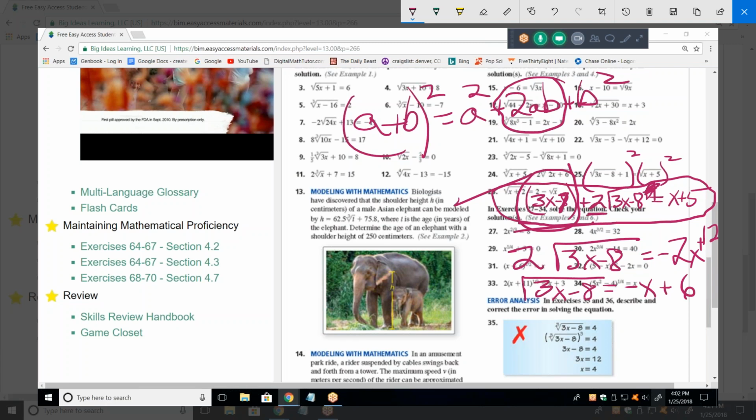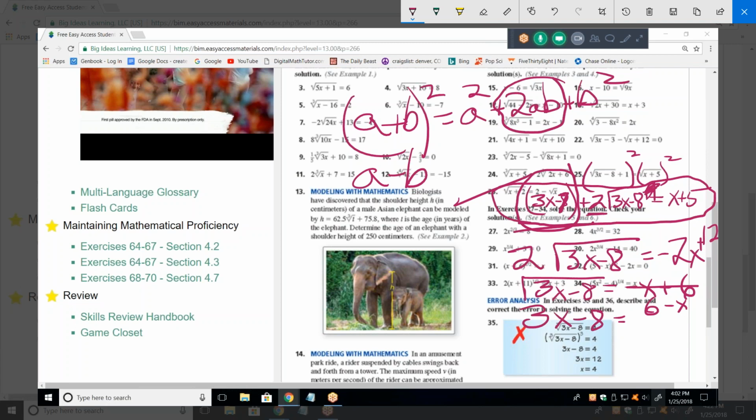So, square both sides? Correct. Now, I know what the left side's going to be. 3x minus 8. Squaring this is a little tricky, but if I rewrite it as 6 minus x, then we can use a minus b squared, and it'll be easy.